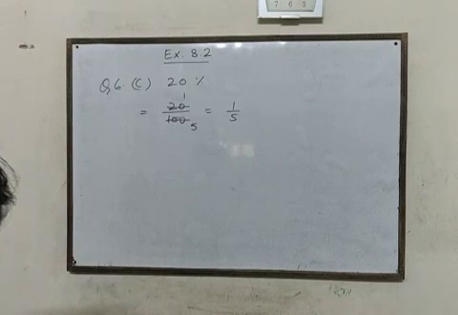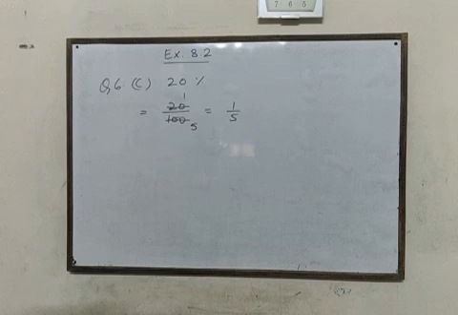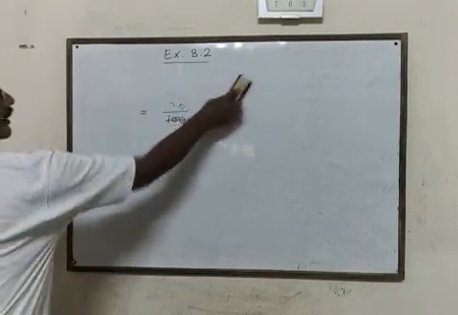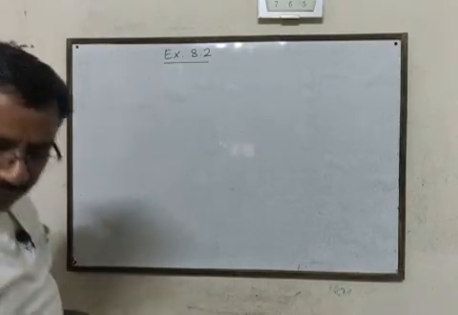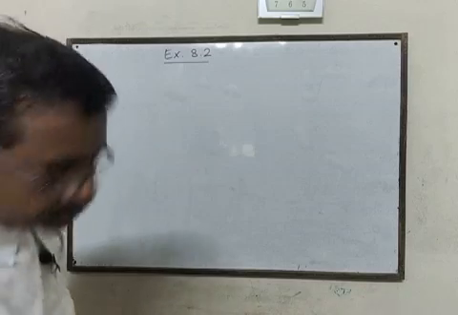Question number 7, in a city 30% are female, 40% are male, remaining are children. What percent are children?